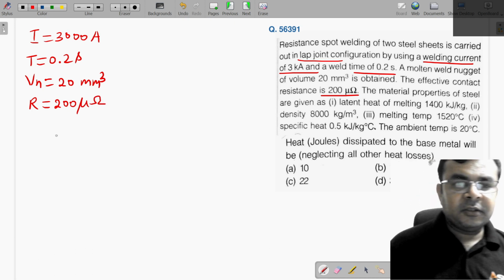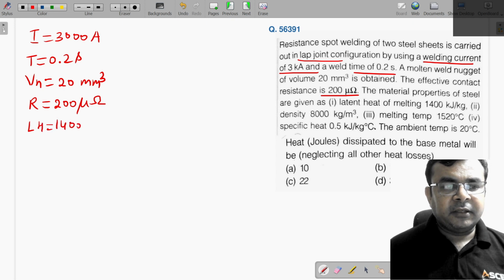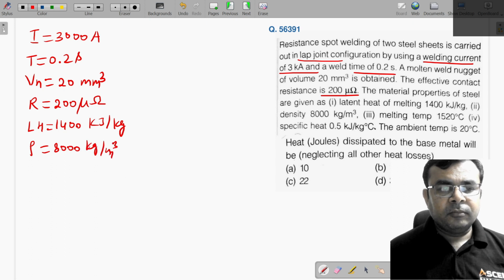The material properties of the steels are given here. Latent heat is given, that is 1400 kilojoule per kg. Density is given, that is 8000 kg per meter cube. Melting temperature is also given here, that is 1520 degrees centigrade.